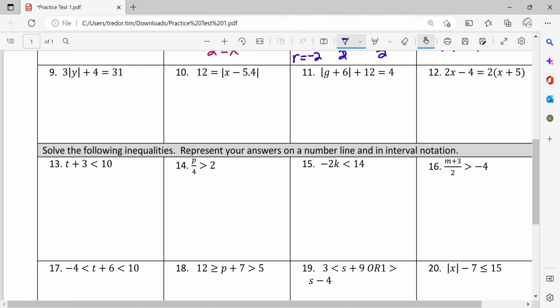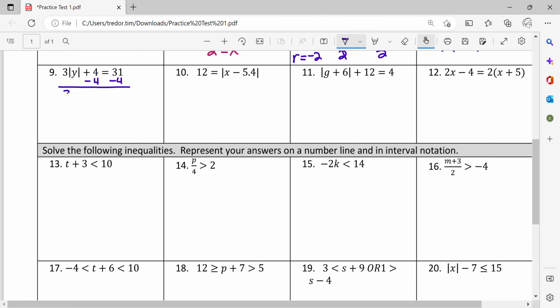For number 9, before I can set up case 1 and case 2 that we'll need to do for absolute value, I'm going to move everything else to the other side of the equal sign. So we'll start by subtracting 4 from both sides.